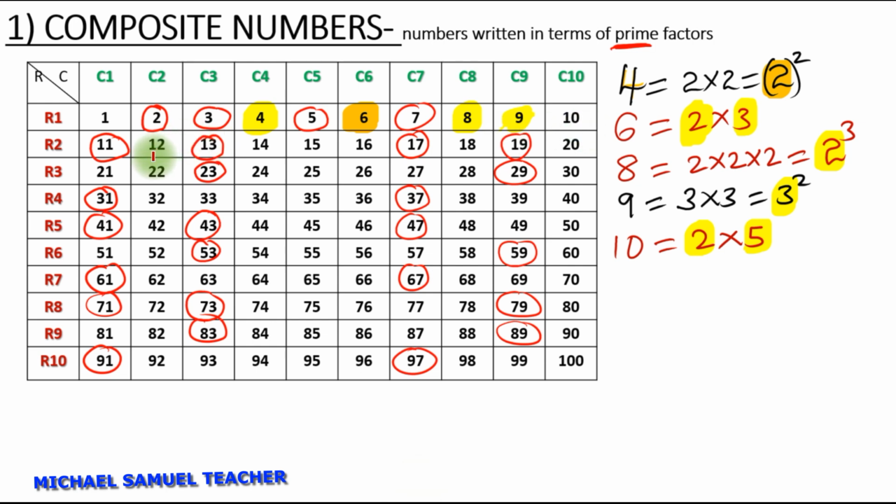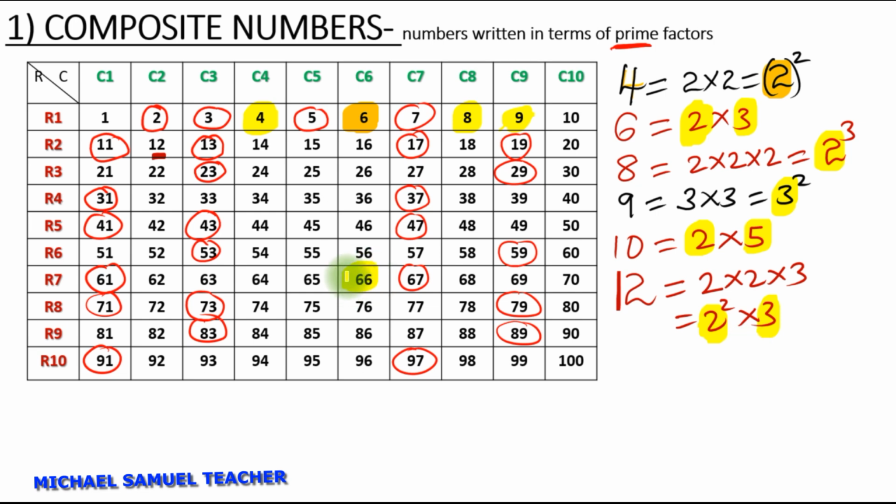We have 12. 12 can be written as 2 times 2 times 3, which is 2 squared times 3. And for this case, 2 is prime, 3 is prime.